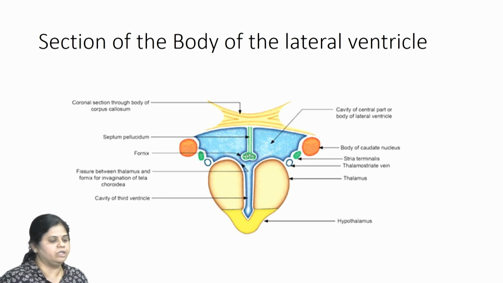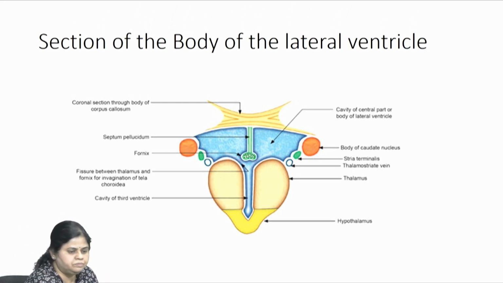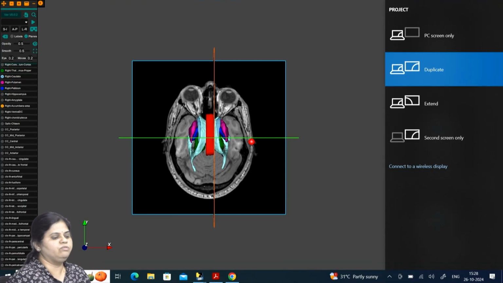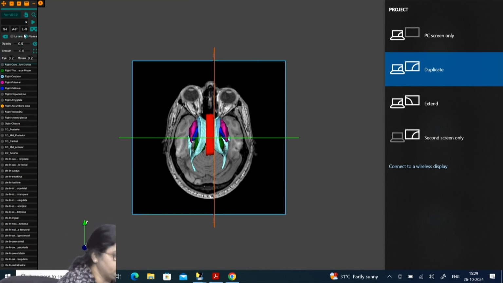Let's get the orientation by using the Anavu software. This software will give you an orientation of whatever we discussed in the past 10 minutes, in relation to the radiological image, mainly looking at the white and the gray matter. What we are looking at here is mainly the superior aspect of the brain.